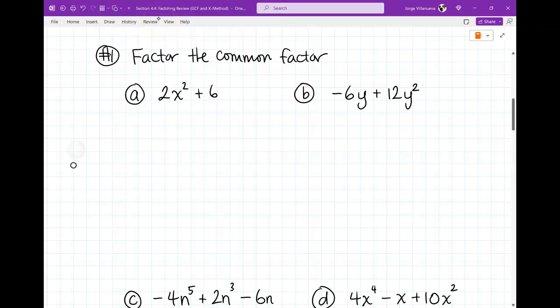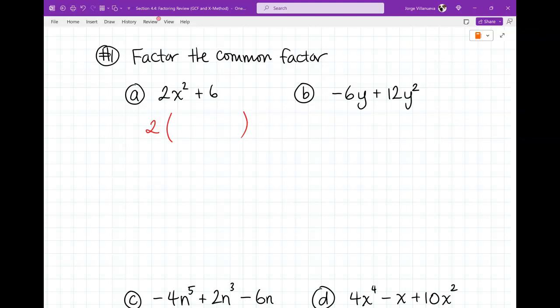So, all right. For part A, this is what you got to do. You're going to ask yourself first, do they have a number that can divide both 2 and 6? Is there something in common that they have? What is it? A 2. So I'm going to factor out a 2. Do they have a letter that they both have in common? No. So I'm going to put a parenthesis here. Okay?